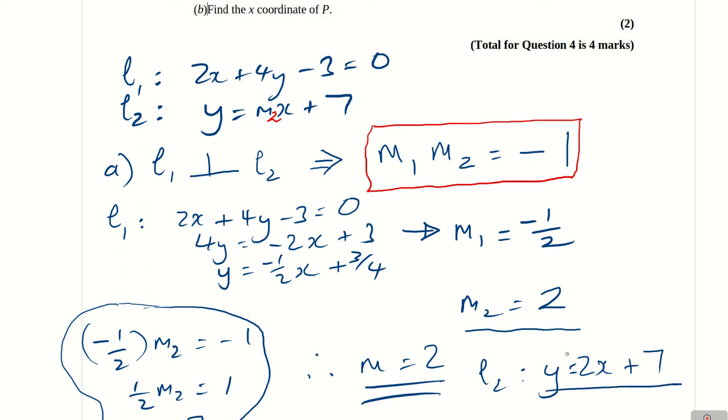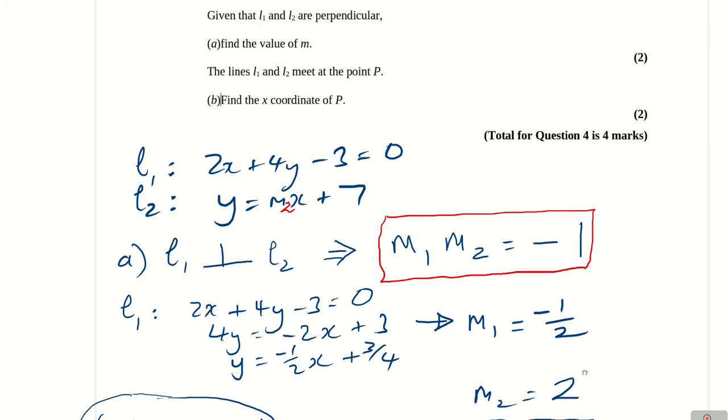Now, it then tells us in part B that the lines meet at the point P. So they intersect, and we need to find the x-coordinate of P. Where you've got two lines, where they intersect, we get the x value by solving the two equations simultaneously, because where the lines meet, they must have the same x and y values. So the equations for y, for both of them, must be equal at that same x point.